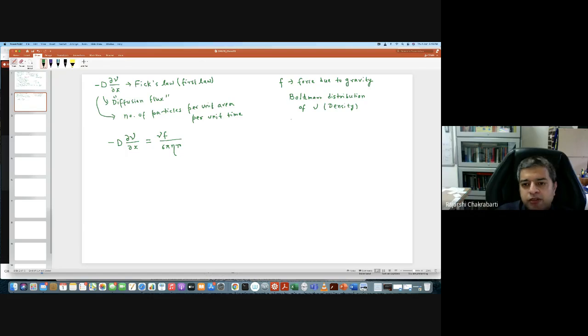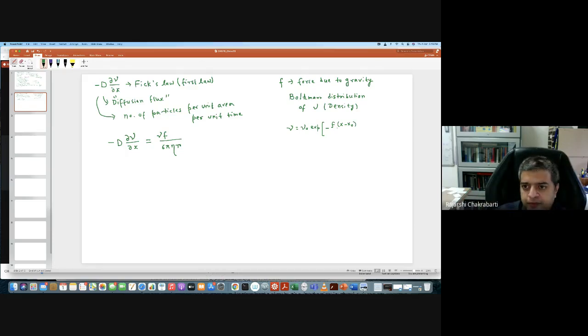So nu is nu 0 times an exponential factor, minus beta E, where E is your force into displacement x minus x0, between two points x0 and x.